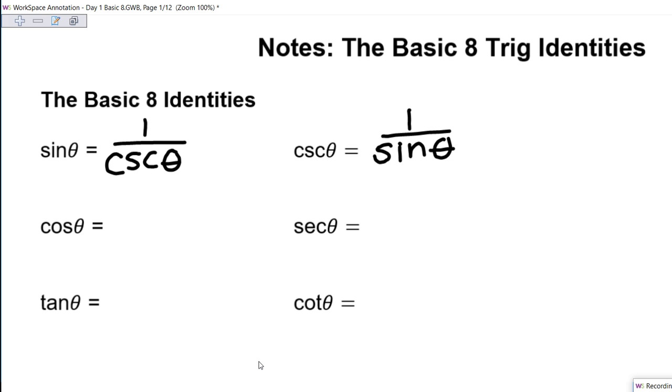Similarly, we'll do the same thing for cosine of theta and secant of theta. I know that secant of theta is 1 over cosine of theta. And cosine is a reciprocal of secant, so I can write cosine of theta as 1 over secant of theta.